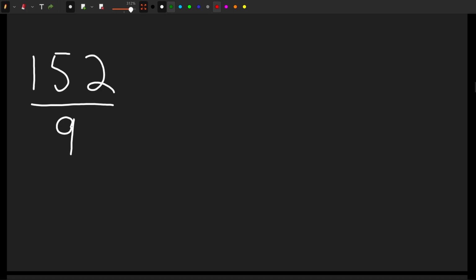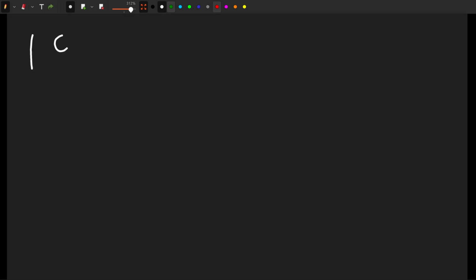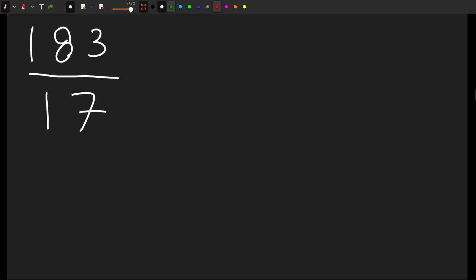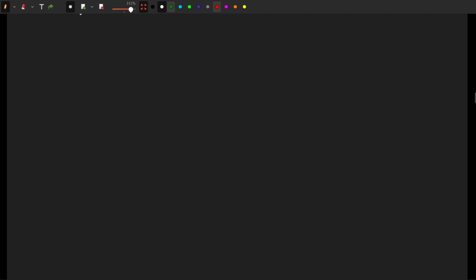Next one after that is 152 over 9. Next one after that, I'm going to go down to a new page here, is 183 over 17. And then the last problem we'll work on today is 147 over 15.